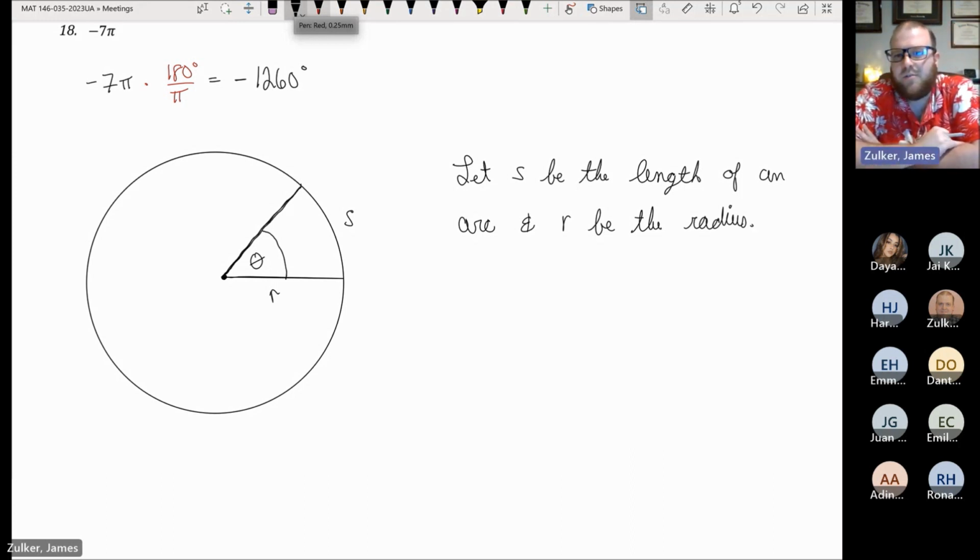All right, so given a circle of radius r, let S represent the length of an arc.